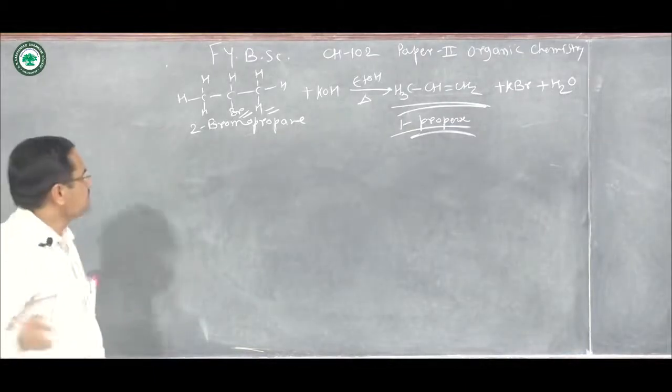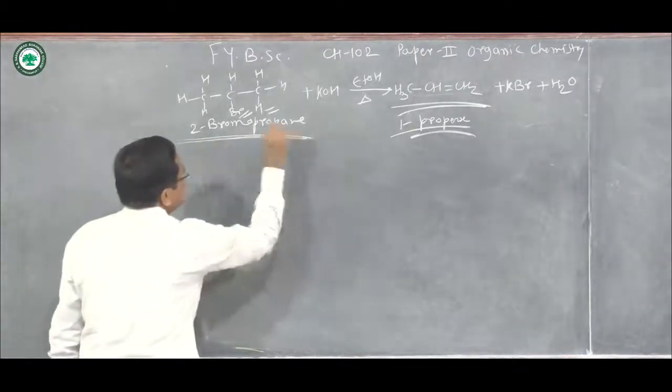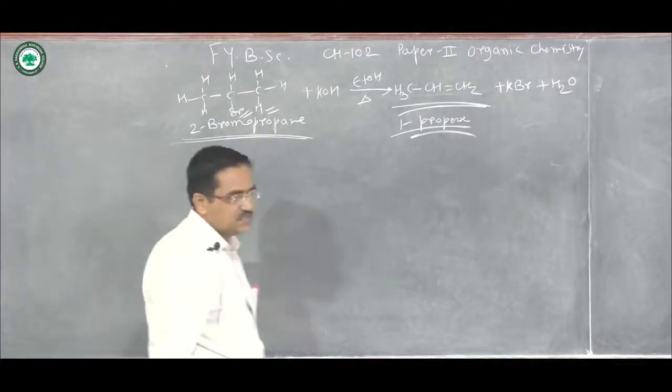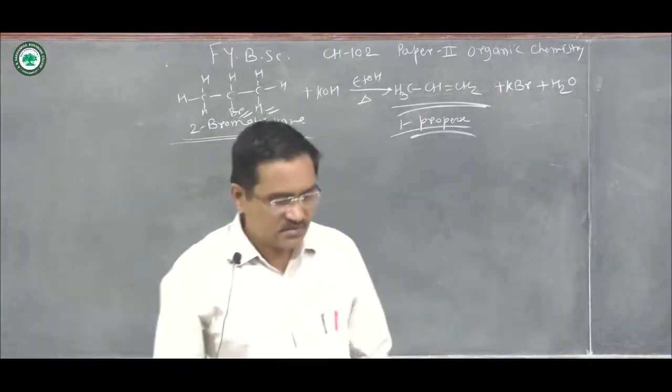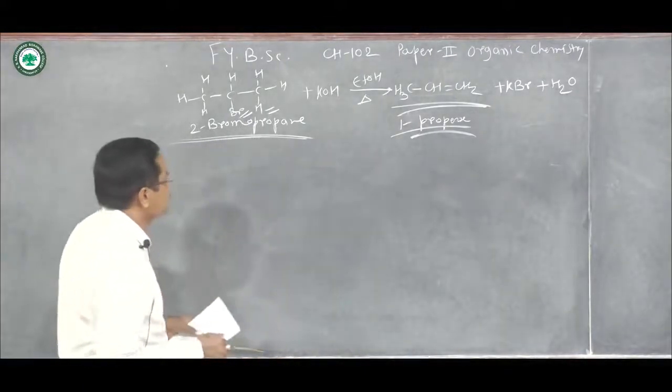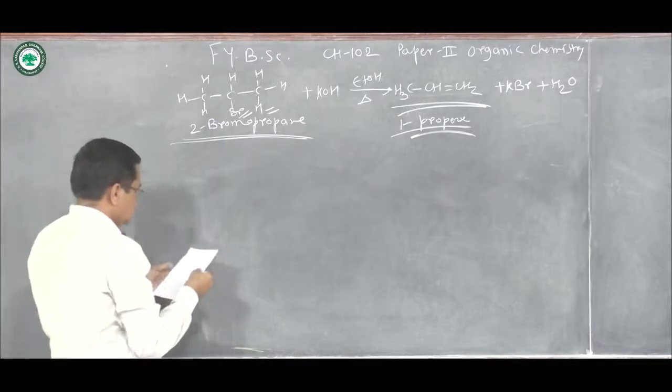Now here this molecule is a symmetrical molecule, but when we consider an unsymmetrical molecule here, we obtain a mixture of alkenes. Now we will see such an example here.